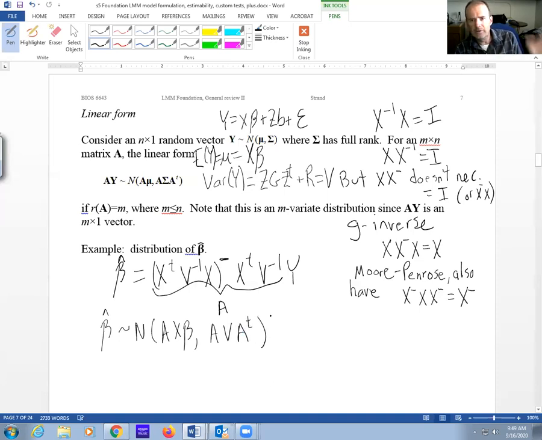So all we have to do now is just matrix algebra to figure out the mean and the variance, right?